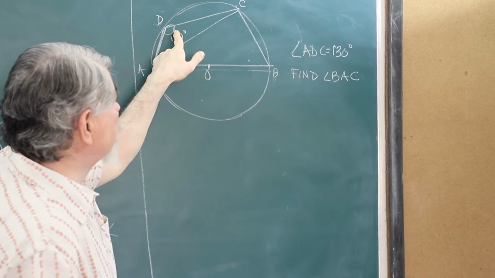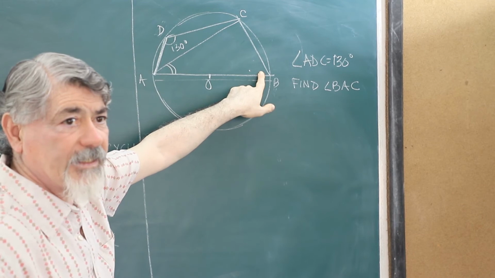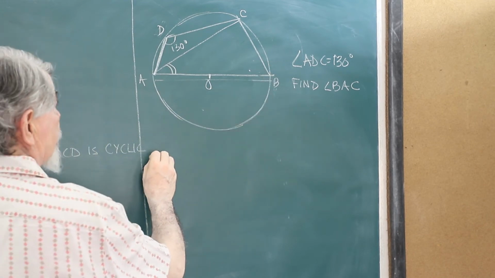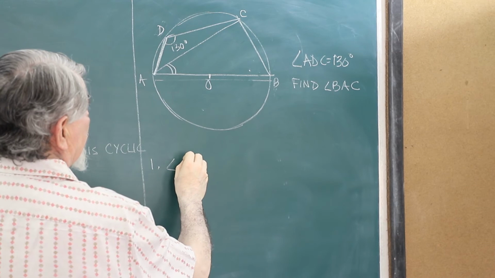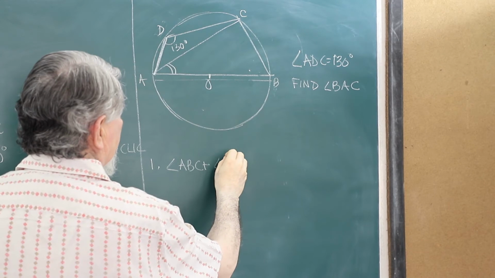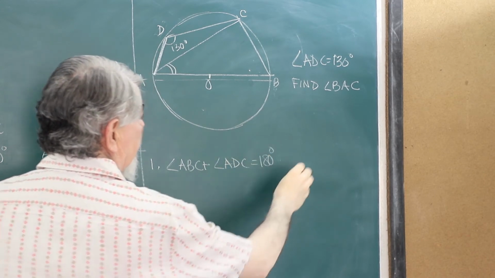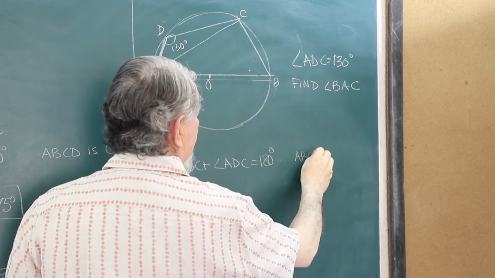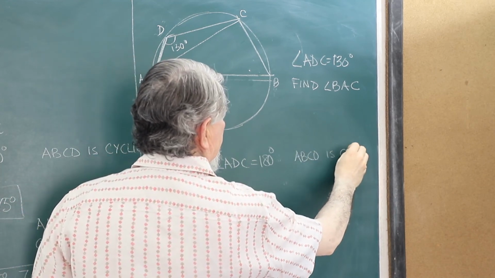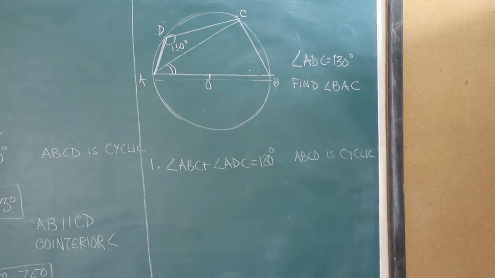ADC is 130. I can calculate this angle by saying opposite angles of a cyclic quadrilateral are supplementary. I would say that angle ABC plus angle ADC is equal to 180 degrees. ABCD is a cyclic quadrilateral, so opposite angles of a cyclic quadrilateral are supplementary.